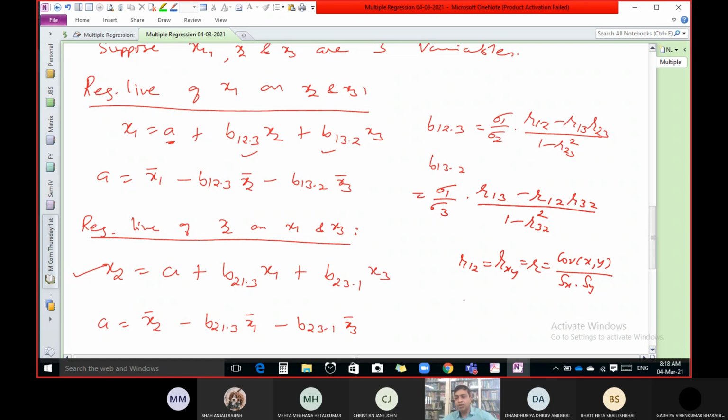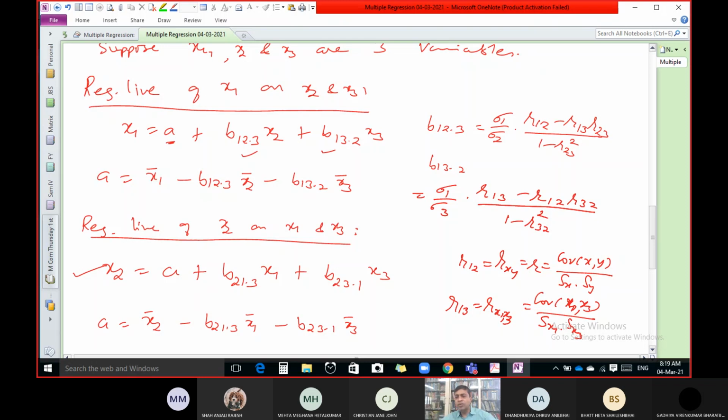Similarly, you have to use the formula of R13. Instead of X and Y, here it is the relation between x1 and x3. So the formula is covariance between x1 and x3 divided by standard deviation of x1 and standard deviation of x3.